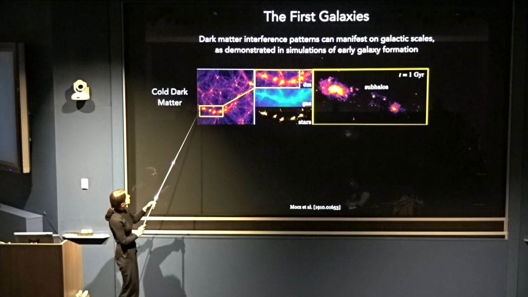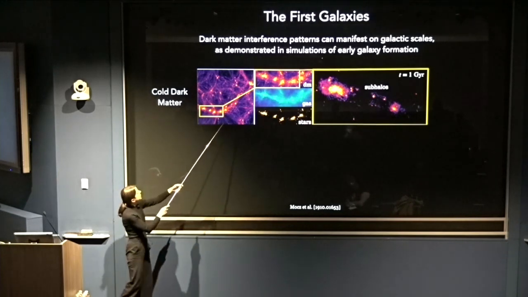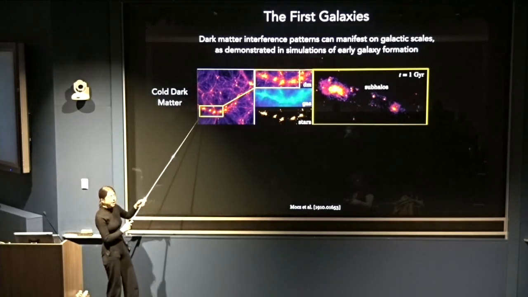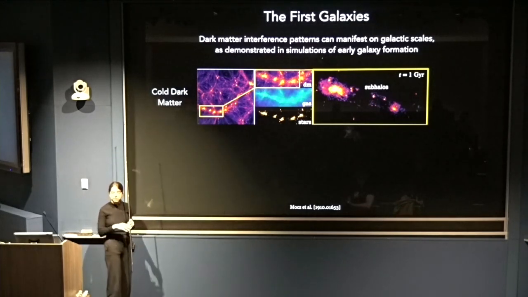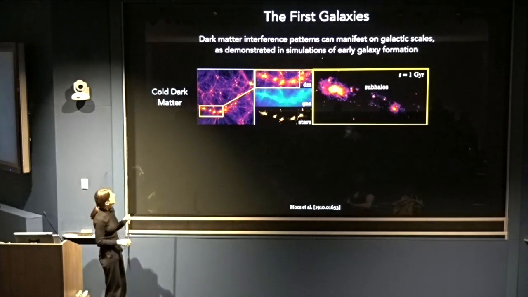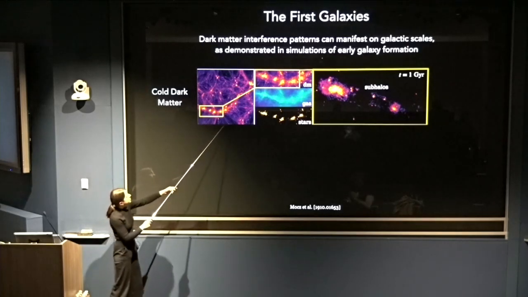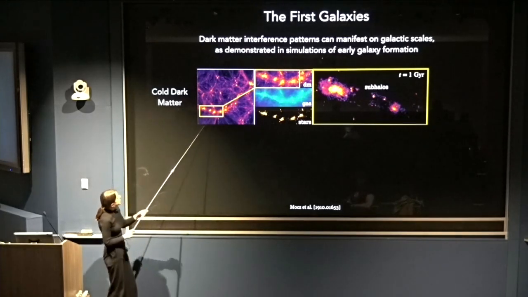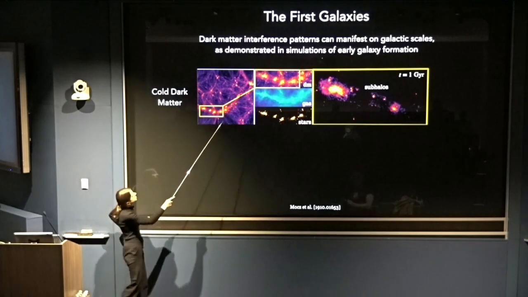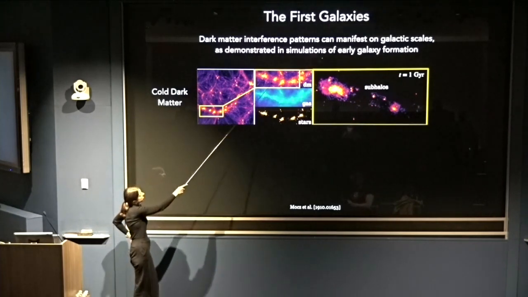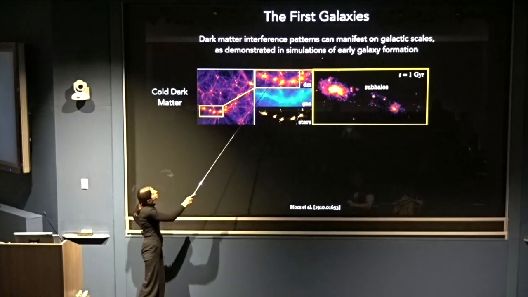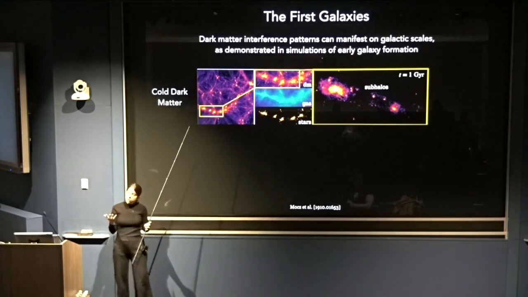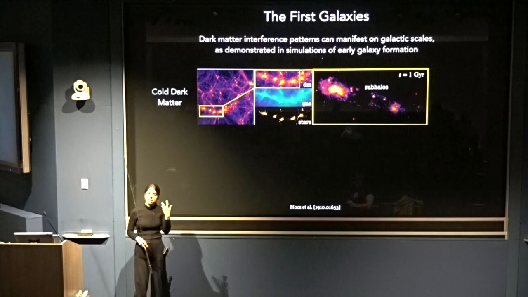So this is essentially a snapshot of the cosmic web for a dark matter candidate that's not acting wave-like, which we'll refer to as cold dark matter. You see that intricate web-like structure we discussed earlier. And when we zoom in on a patch of this, you see that the dark matter ends up concentrating in these dense regions. And areas where you have very high concentration of dark matter is where you accumulate the gas.